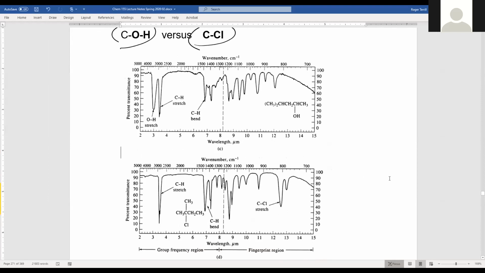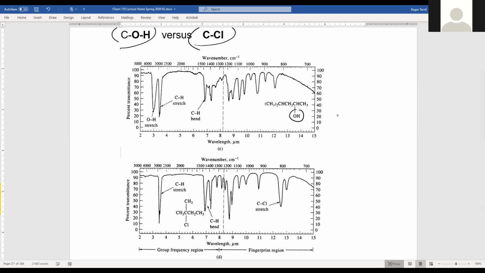For example, here's an old spectrometer trace of an OH-containing molecule, a 1-methyl, 2-hydroxyl, 5-methyl pentanol.